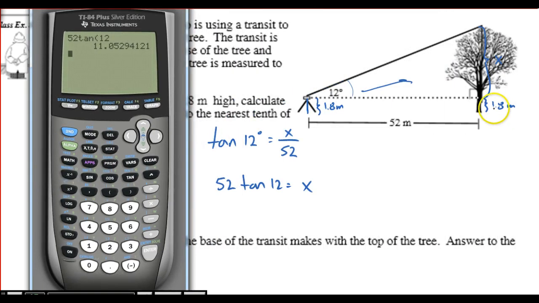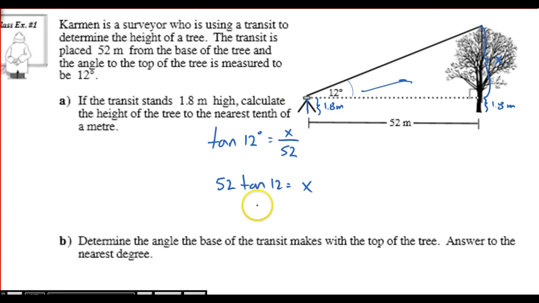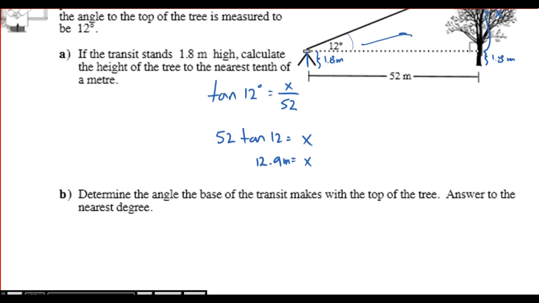So finally, I'm going to add the 1.8, which is this lower distance down here. To the nearest tenth of a meter, it's going to be 12.9. 12.9 meters is x, so the height of the tree is almost 13 meters.